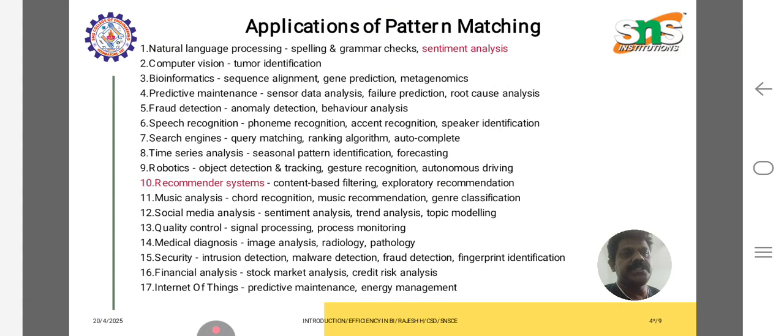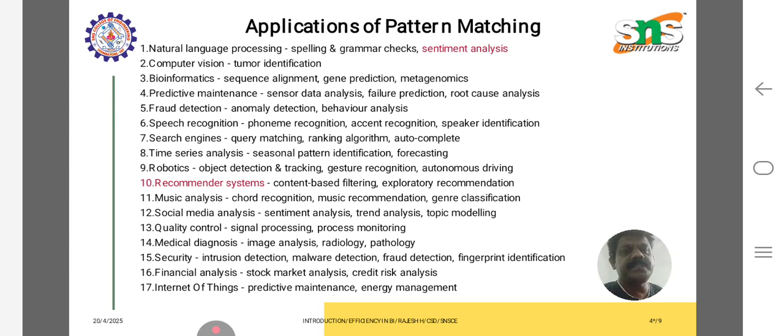The various applications of pattern matching are natural language processing, which covers spelling and grammar checks and is used for sentiment analysis. Computer vision, which is used for identifying tumors in blood, and bioinformatics, which helps to identify sequence alignment, gene prediction, and metagenomics.